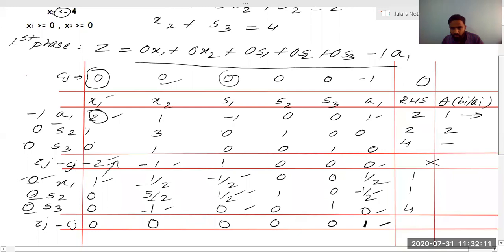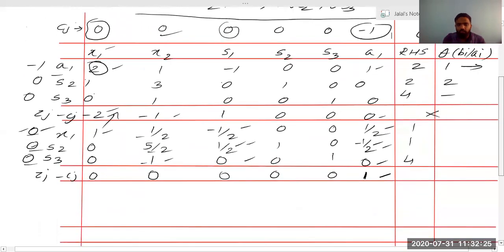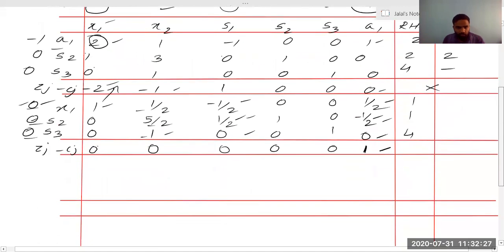You can check from here also. 0 into half, 0, 0 into minus half, 0, 0 into 0, 0. Minus of minus becomes what? Plus. So look, plus 1 is coming, right? So what have you understood by this? Just look at this thing. You have found out something very innovative, that all Zj minus Cj are greater than or equal to 0. I hope you understood.